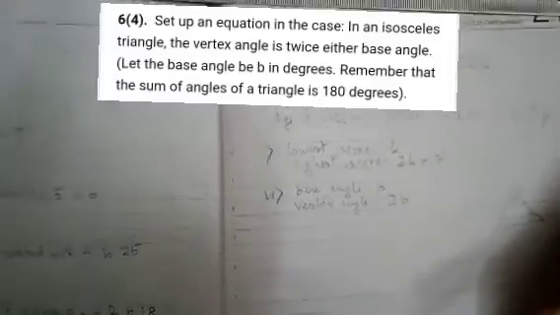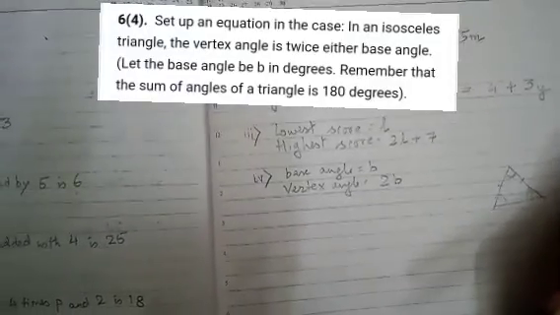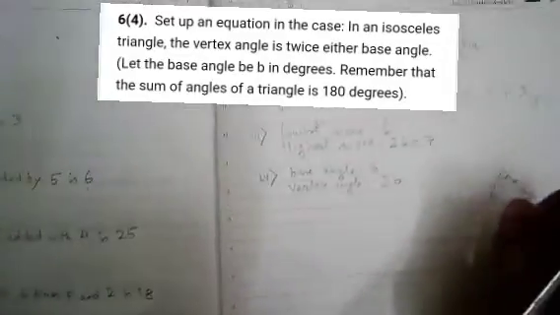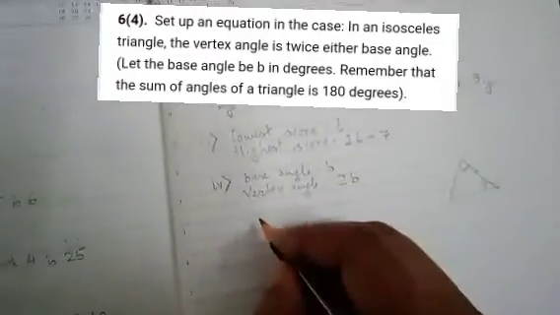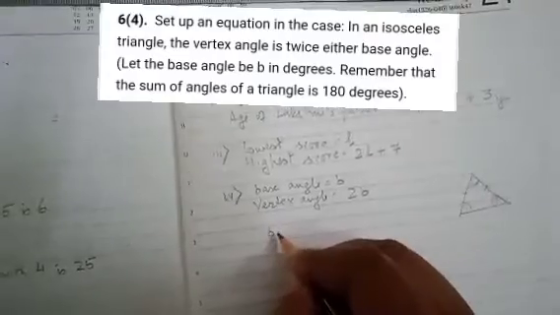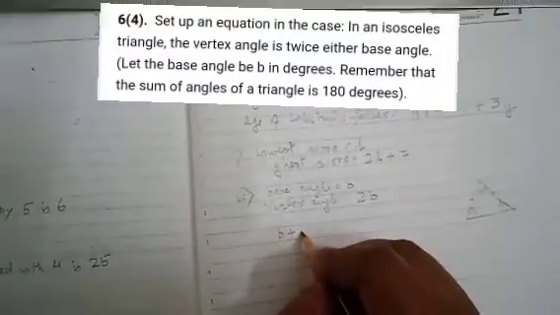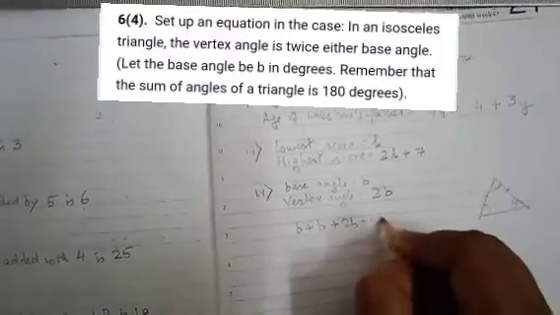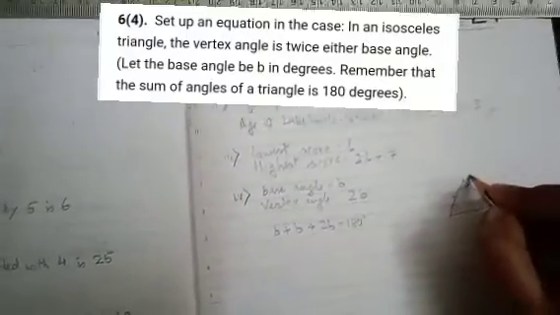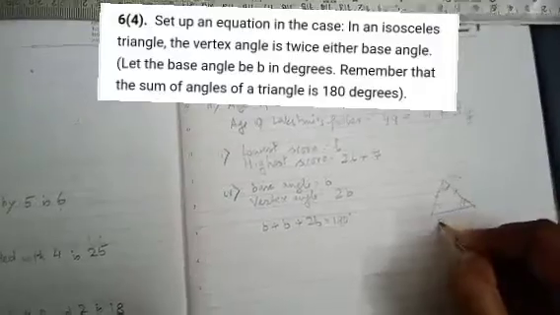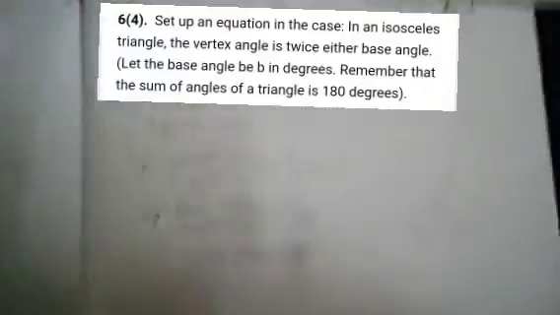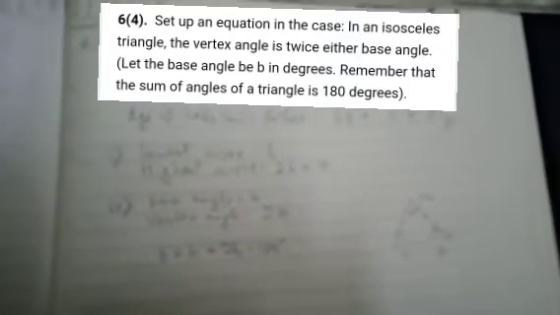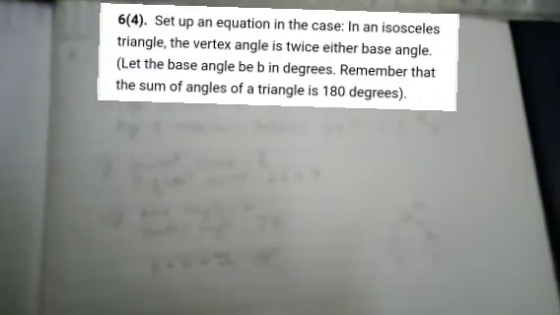If I have to get the sum of the angles, then it will be B plus 2B is equal to 180 degrees. So this is 2B, this is B, and this is B. So B plus 2B is equal to 180 degrees. Alright. So this is the equation.